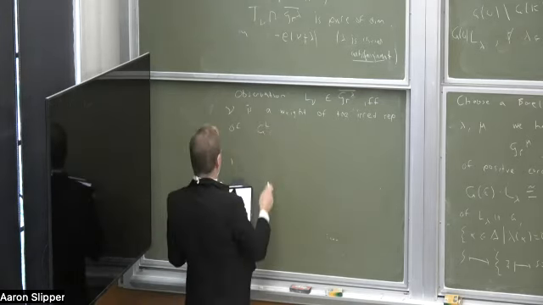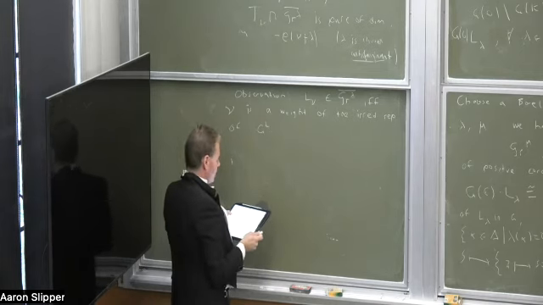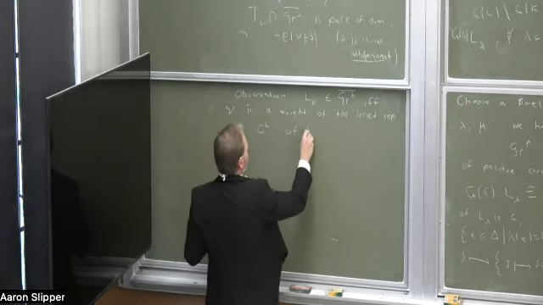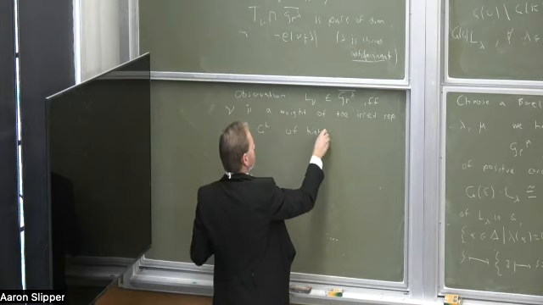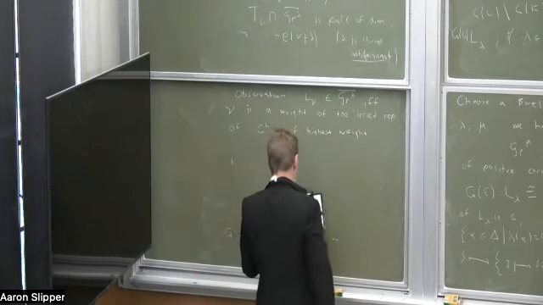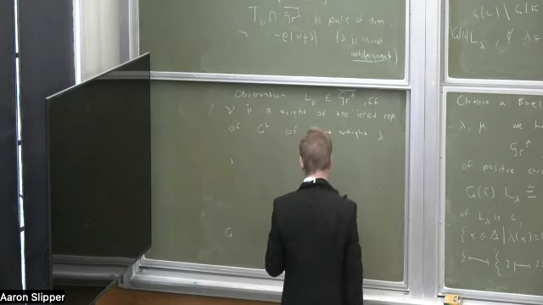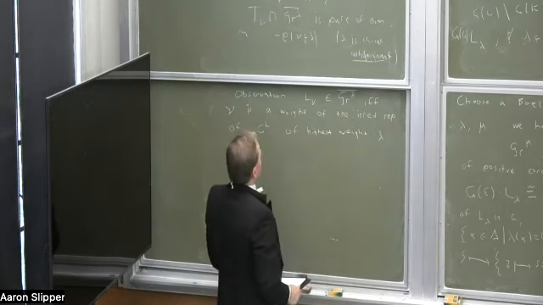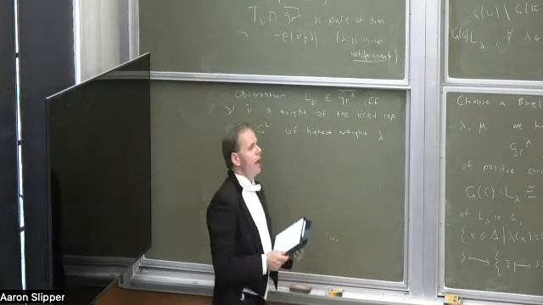Well, I mean, Langlands Dual Group is always over C, so I probably put that there. All right. So, any questions?